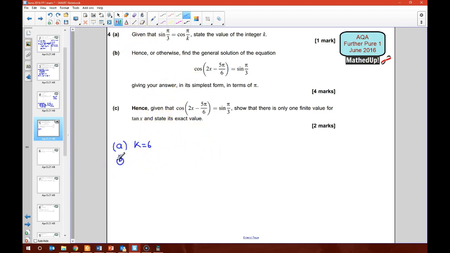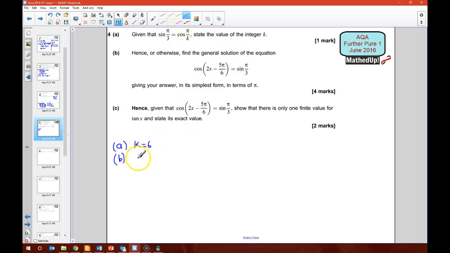Okay, so part B, hence or otherwise find the general solution of the equation that's given here. And we need to give our answer in the simplest form in terms of pi. Now, we've got the cosine of something over here is equal to the sine of pi over 3, but we've just found that the sine of pi over 3 is equal to the cosine of pi over 6.